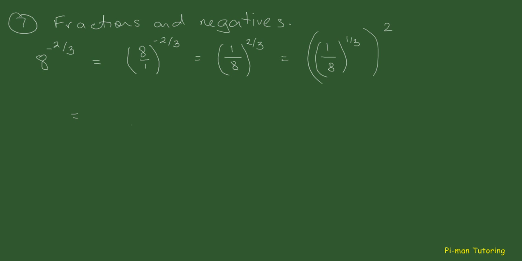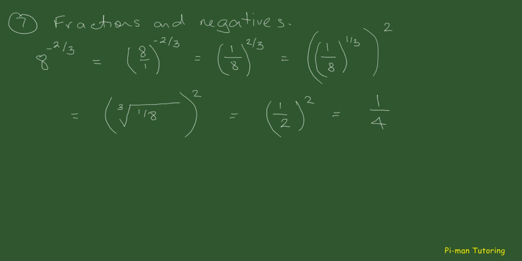So that is the cube root of 1 over 8, all squared. Cube root of 1 over 8 is 1 over 2, so that's 1 over 2 all squared, and that is equal to 1 divided by 4.